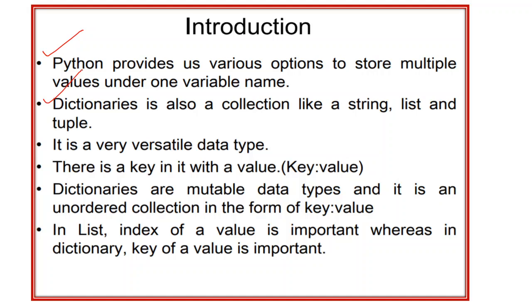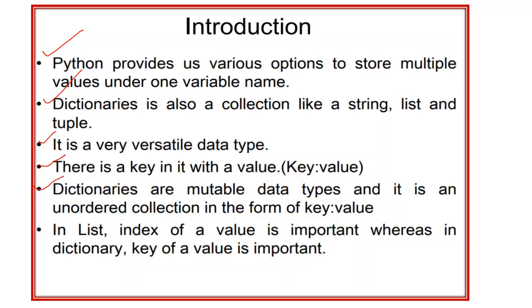like string, list, or tuple. It is a versatile data type. Dictionary is widely used in Python programs and Python software development. A dictionary has two things: one is key and one is value, and all the data in the dictionary is in key value pairs.